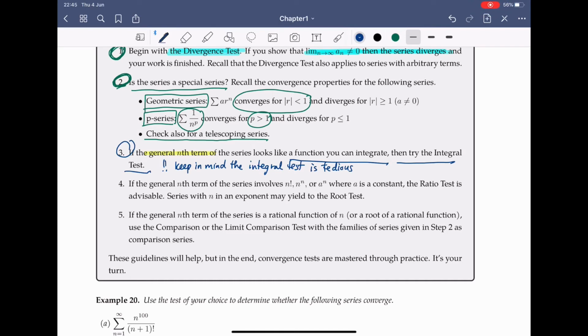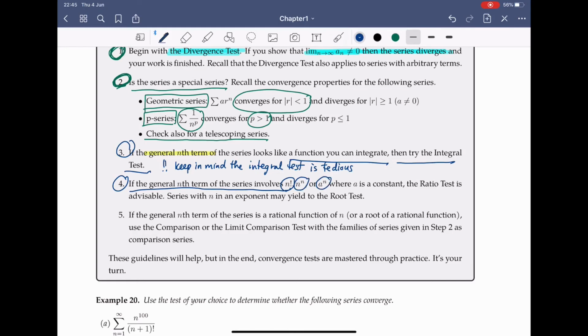So try to avoid the integral test as much as possible, unless I force you to do it.